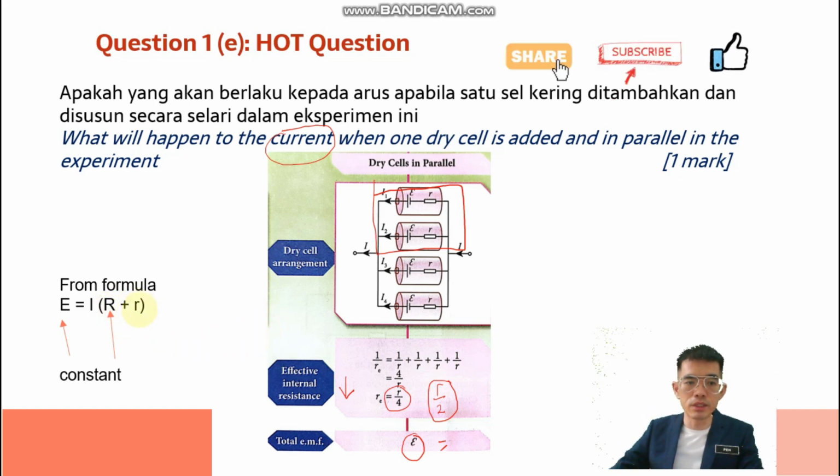So it will remain constant. When we add one more battery, the notes show that the reading of the internal resistance r will be reduced. So it will cause the current to increase, using the formula. So we know that the answer here is that the current increases.